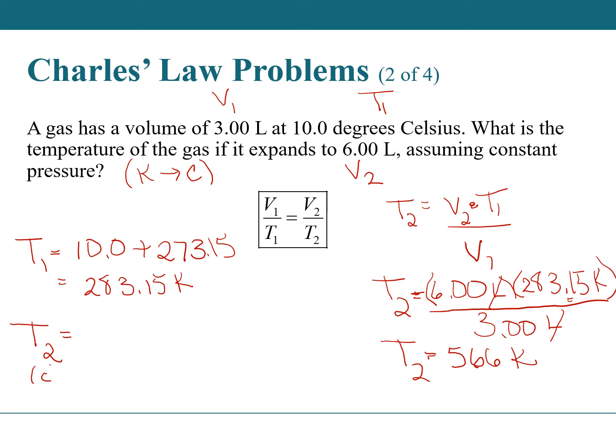So when we want this in Celsius, we take our Kelvin and we subtract the 273. And what we get is 293 degrees Celsius.